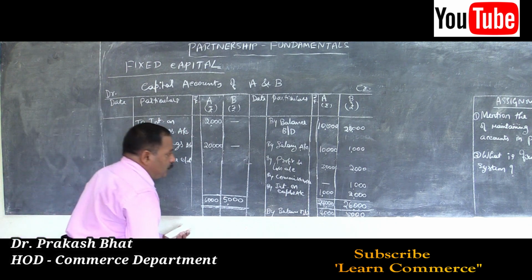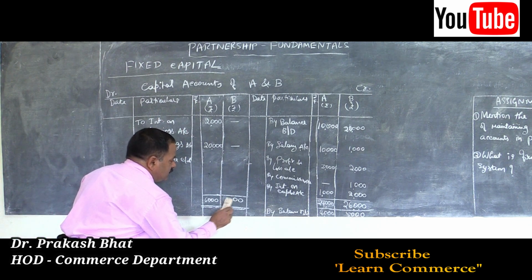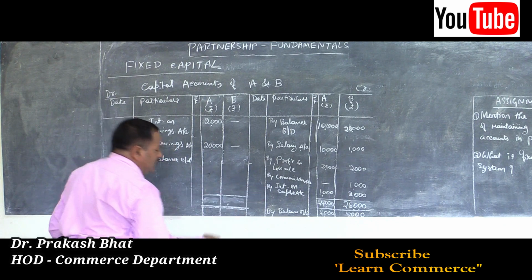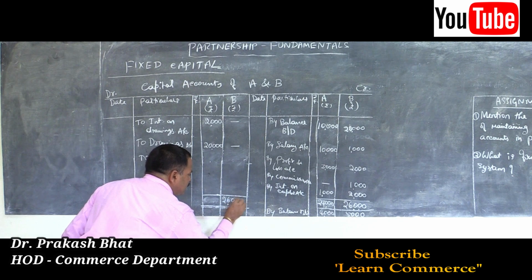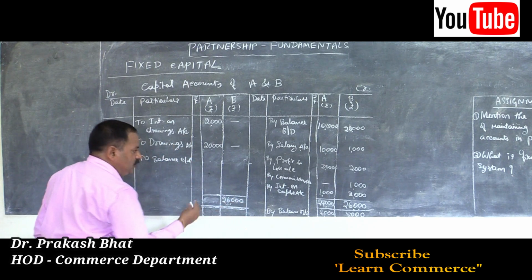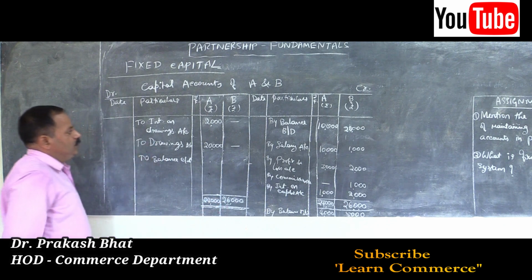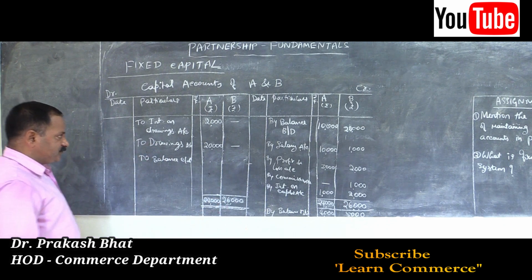Write the same total on the other side. So 26,000 in B's account and 24,000 in A's account. This is the final total. Find out the difference.